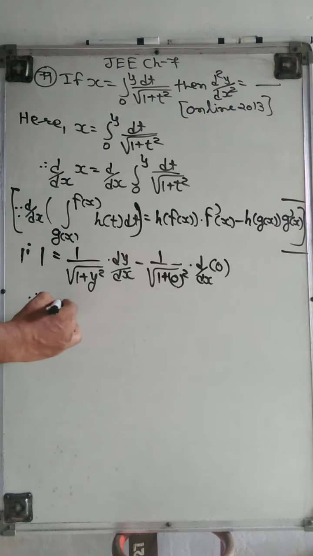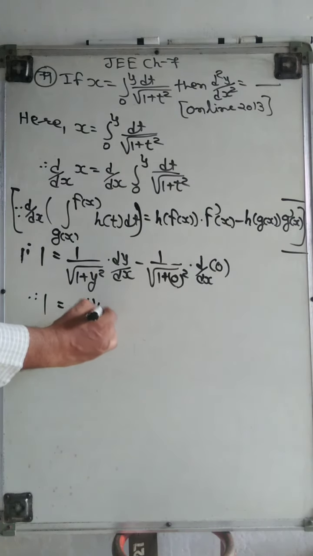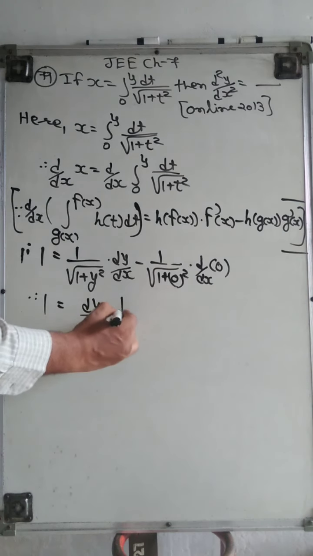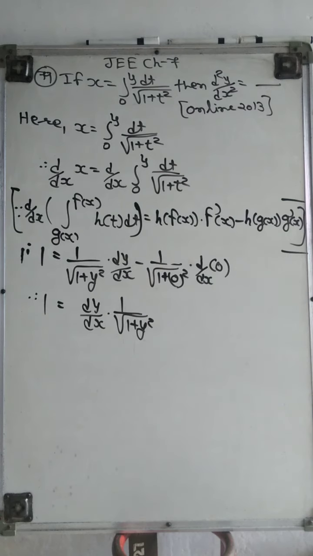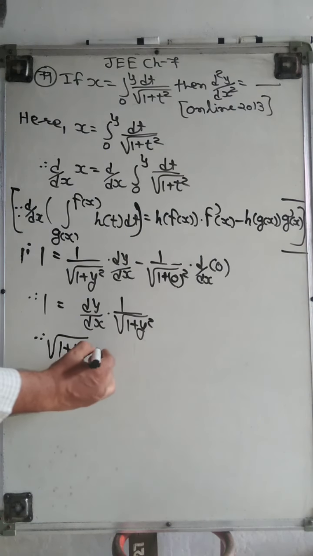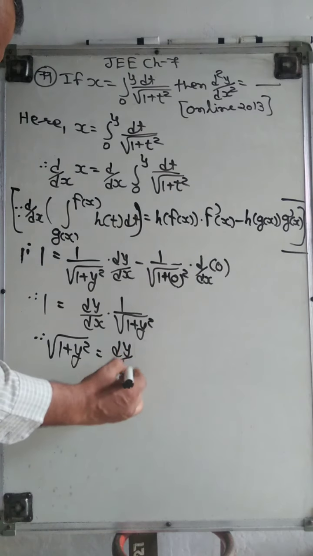So we have 1 equal to dy upon dx into 1 upon root 1 plus y square. Now we simplify and we get root 1 plus y square is equal to dy upon dx.